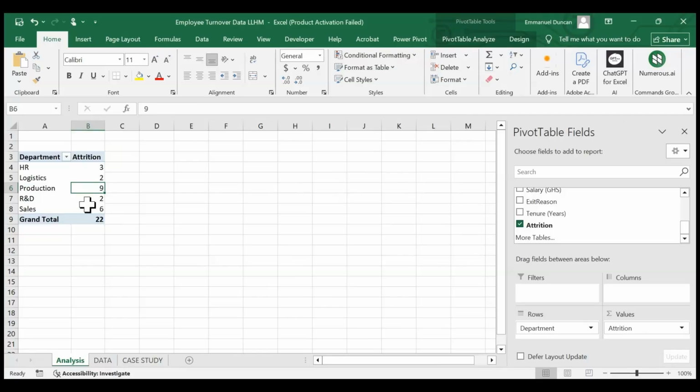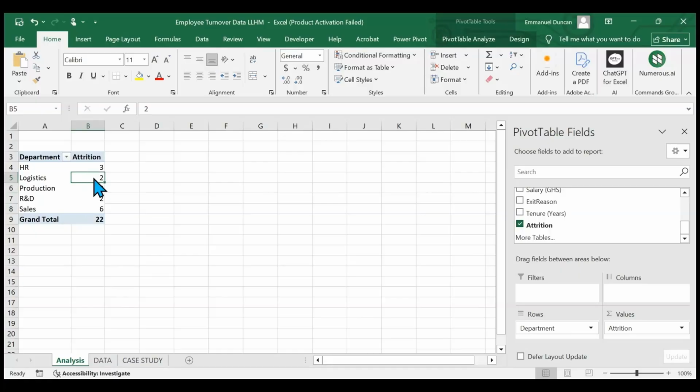So now we have our attrition by department. From the table, you can see that the highest attrition occurs in the production department, followed by the sales department.